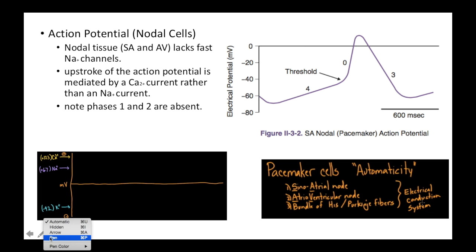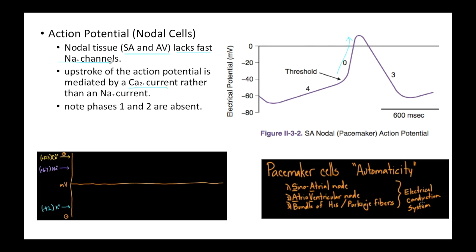So now we're talking about our nodal cells. What do I mean by nodal cells? Well, I mean our SA and AV nodes. And what's special about this action potential is that it lacks our fast sodium channels. And this upstroke that we saw previously because of a sodium channel is now mediated by a calcium current instead.